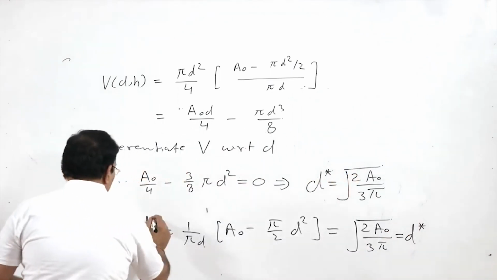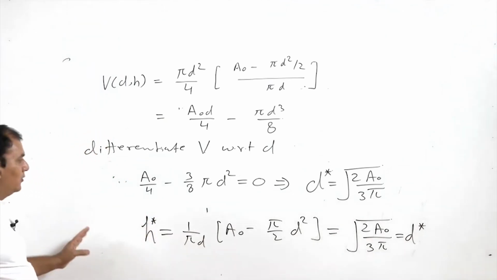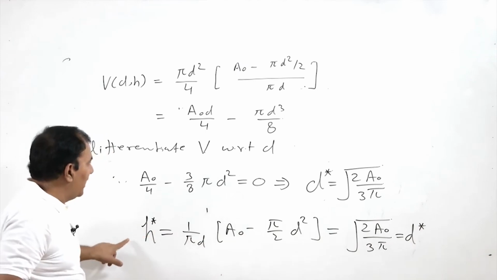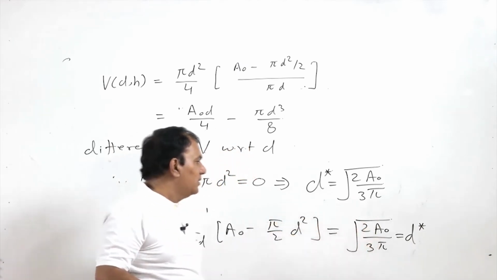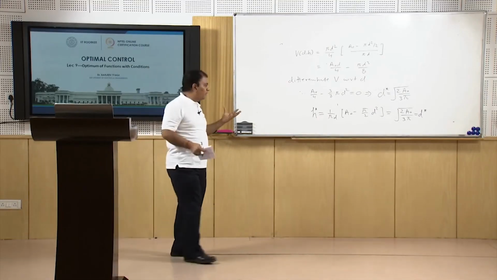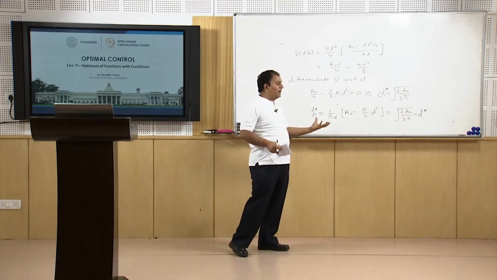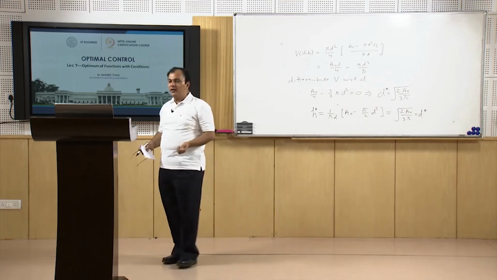So, this h we can also say is my optimal value. So, for this particular case, my h and d both have the value 2A naught by 3 pi. So, in this problem we can conclude that we can maximize the volume of the tank if we make the diameter of the tank the same as the height of my tank.